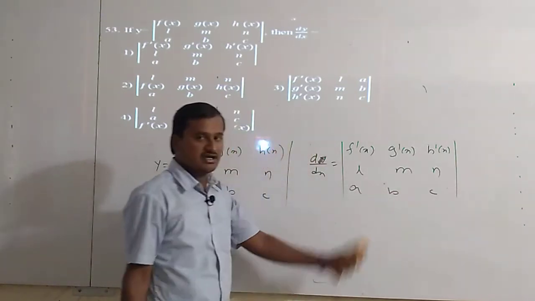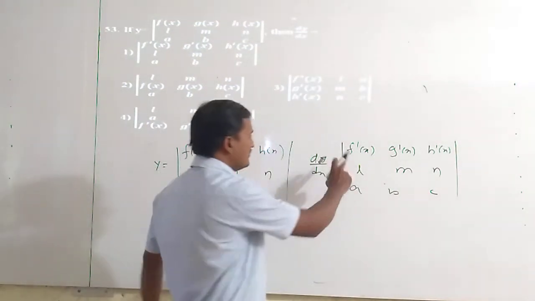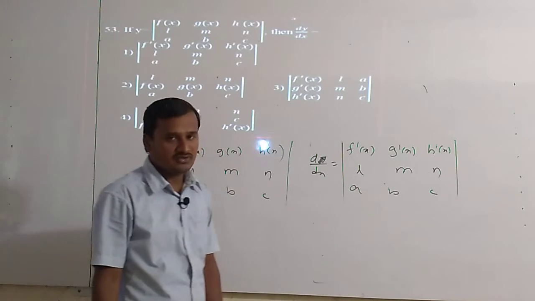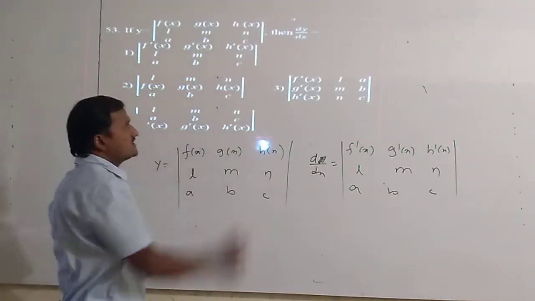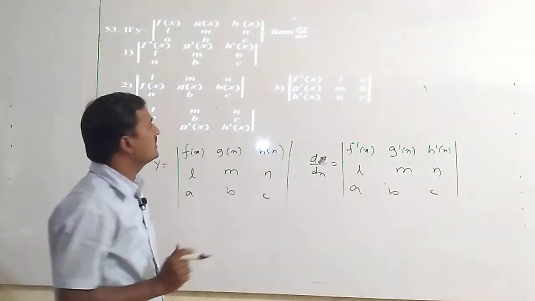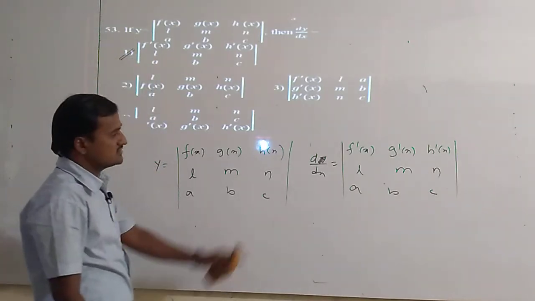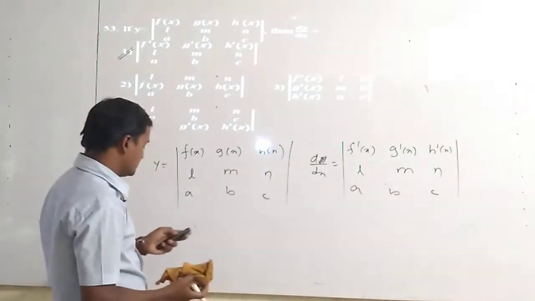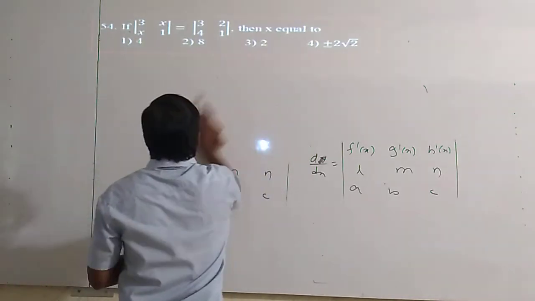Again it is a standard result. You differentiate the first row only, and f of x, g of x, and h of x are functions of x only, right? So clearly the first option is the right one. So this is the standard result. Okay, we'll go for the next question.